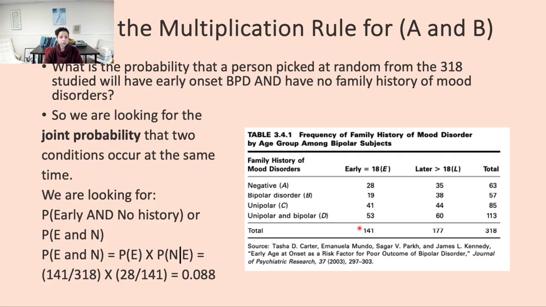Of those 141 people, 28 of them had a negative family history. So the probability of no family history among the early onset people is going to be 28 out of 141. We multiply those probabilities and we get 0.088.